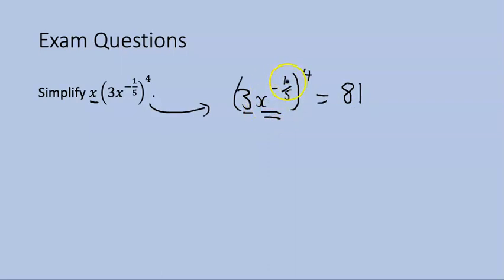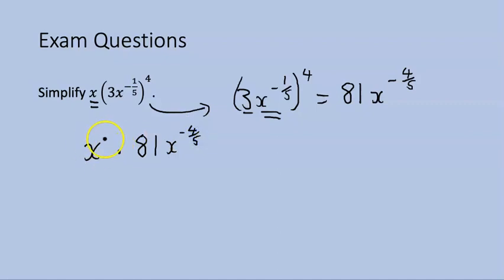Now I focus on my x to the minus 1 over 5. Minus 1 over 5 times 4 is minus 4 over 5. So it's 81x to the minus 4 over 5. Now I bring back this x here. So I write underneath it x multiplied by 81x to the minus 4 over 5.